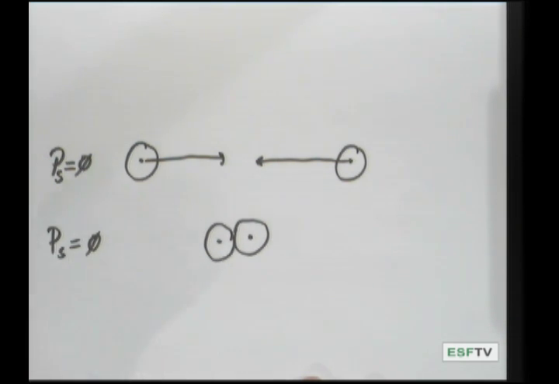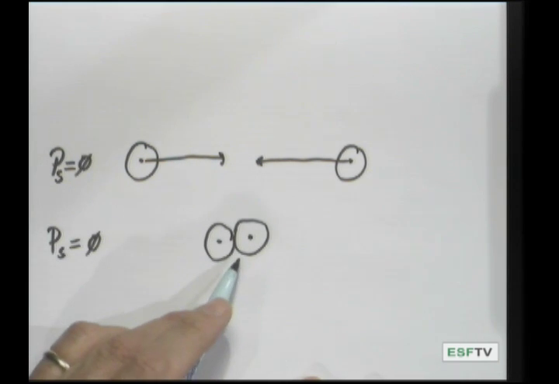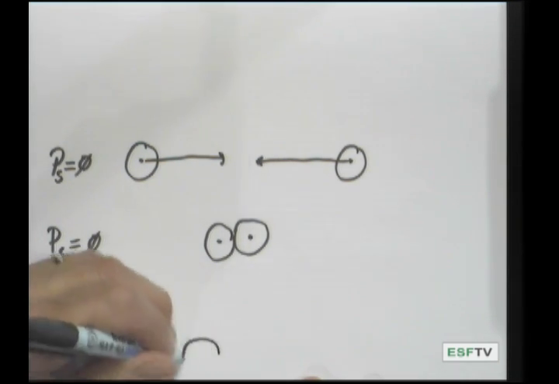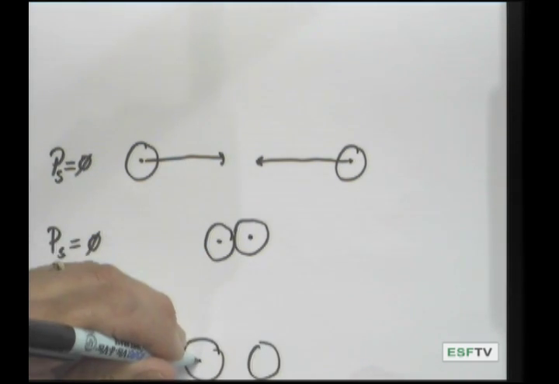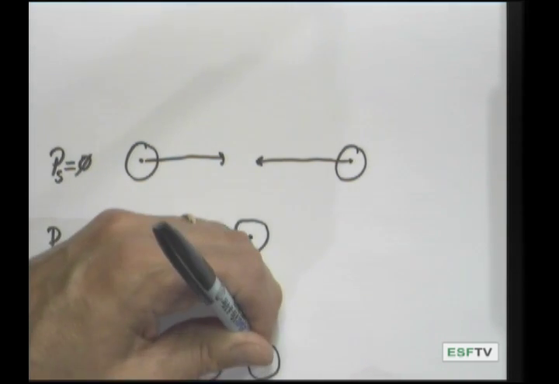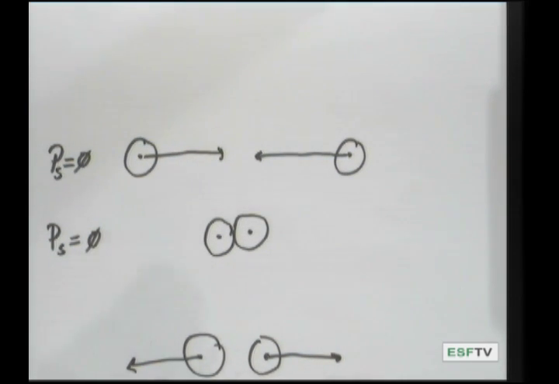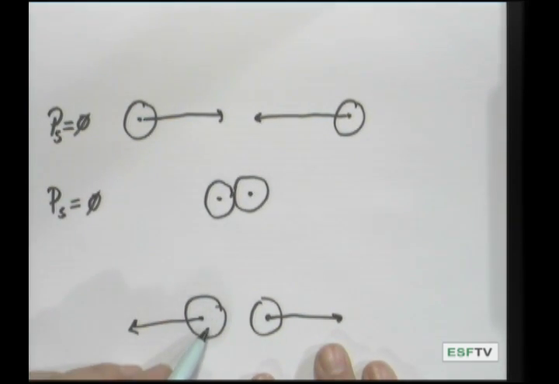But then if you have a perfectly elastic collision, as it's called, that is, no energy is lost from this collision, the momentum in these two individual bodies is going to be conserved, and those are going to manifest themselves a short time later as a recoil of the two particles against one another. Now the velocity of this particle is going to be going in the opposite direction that it was before, and the velocity of this particle is going to be going in the opposite direction that it was before.